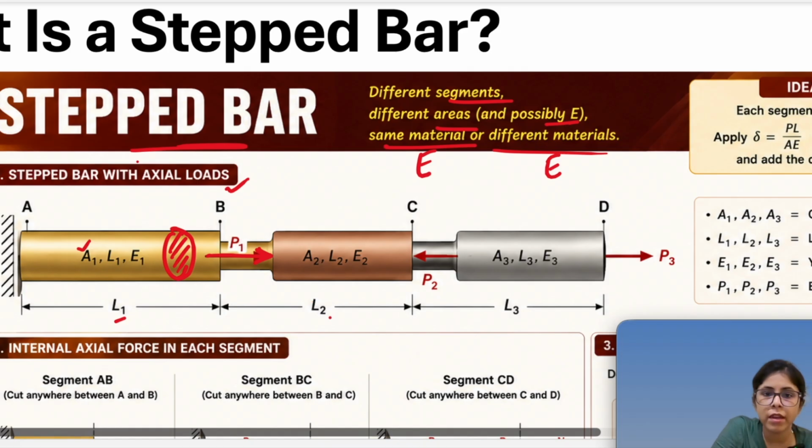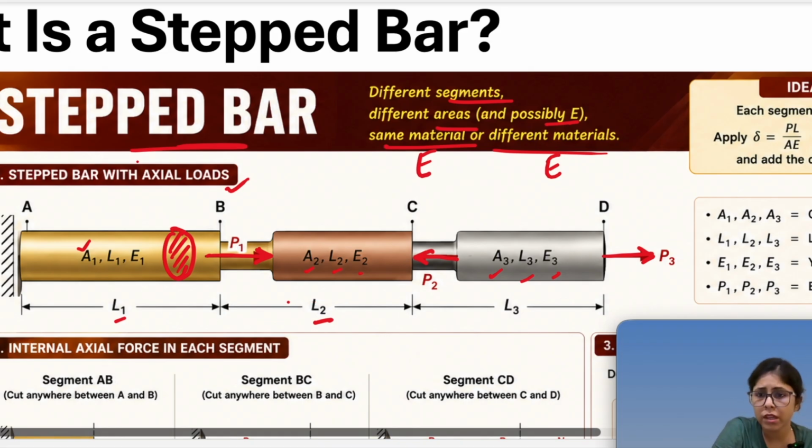Then we have the second section with A2, L2, E2, loaded with the force P2. And then we have a third bar, of A3, L3, and E3, loaded with P3. So we have three sections, three different bars.